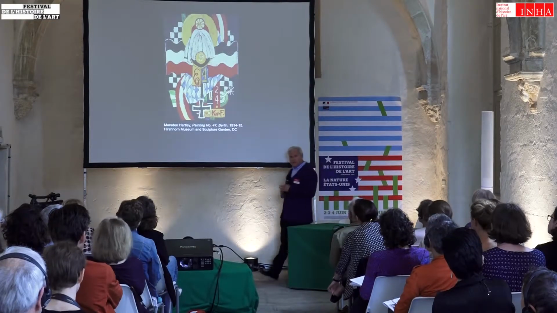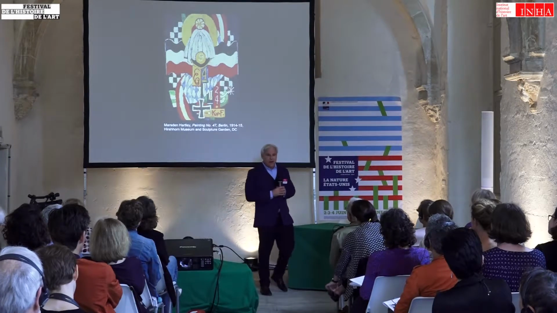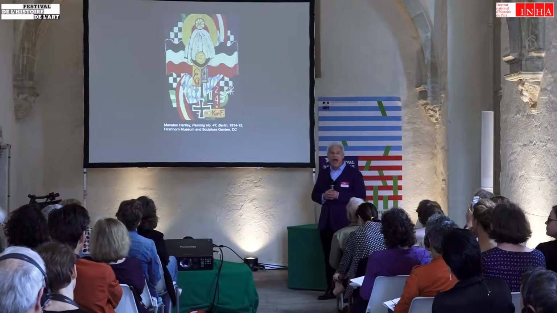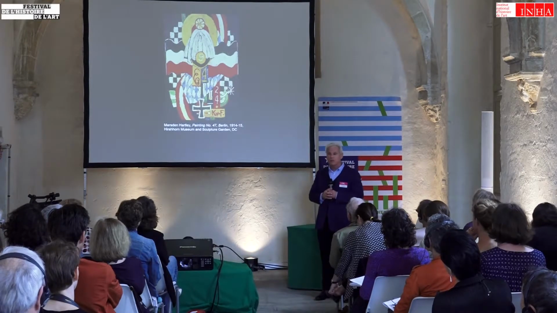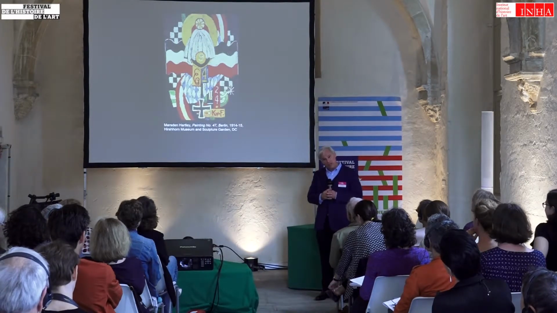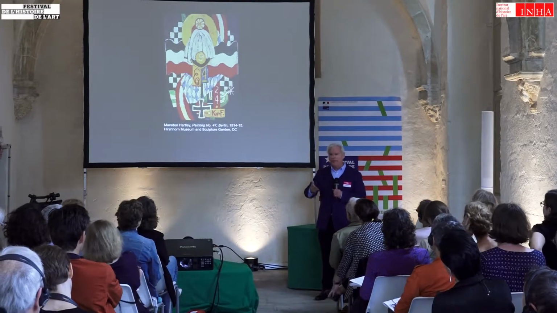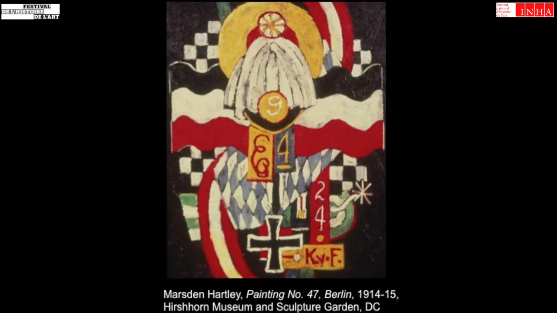I was taught in the Dark Ages that Marsden Hartley was the first artist to do abstract art in America because he was in Germany, and Germany was close to Paris. And this is, of course, 1914-15 when Picasso's at work. And so, by osmosis, he picked up all of this.